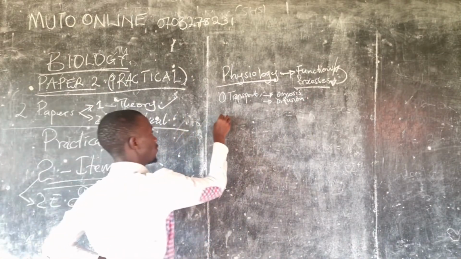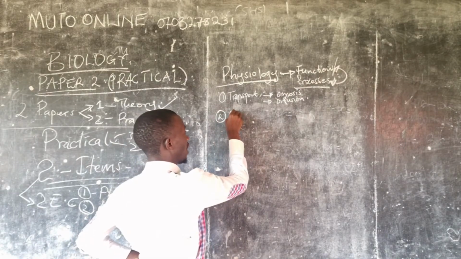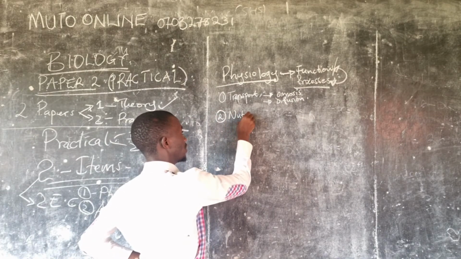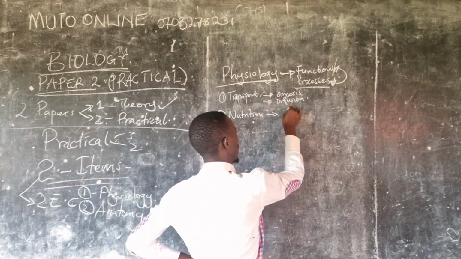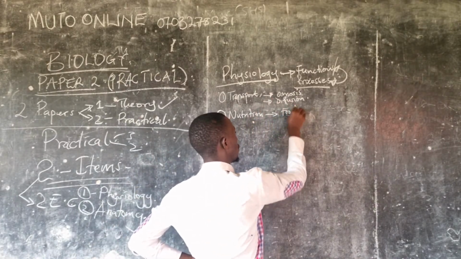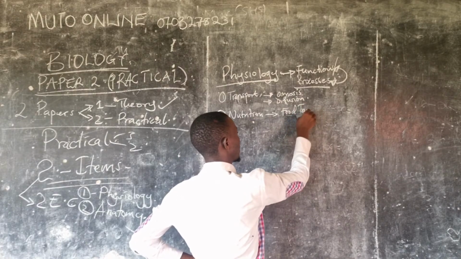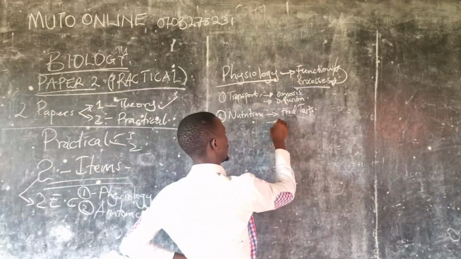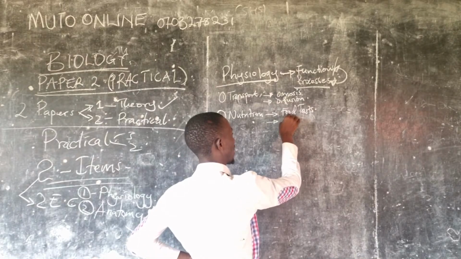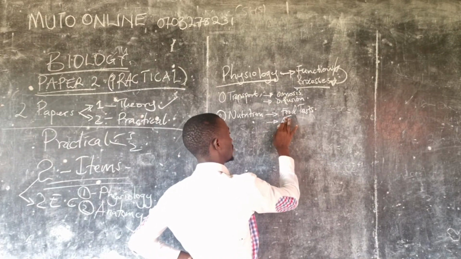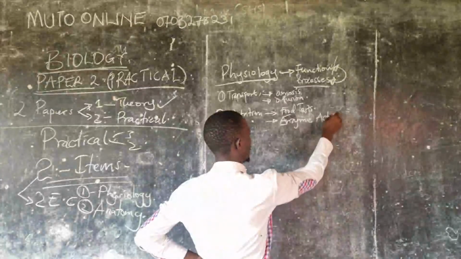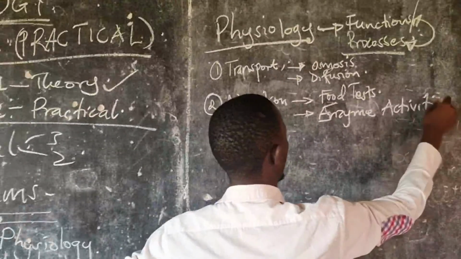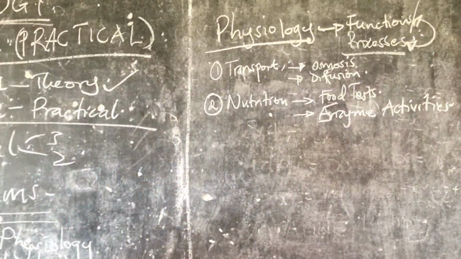We shall have practicals from nutrition and physiology, where we shall have a look at food tests, and then we shall have a look at enzyme activities. We shall be able to access all these things.